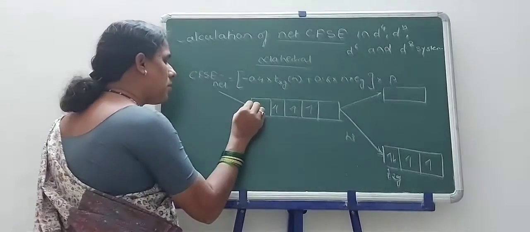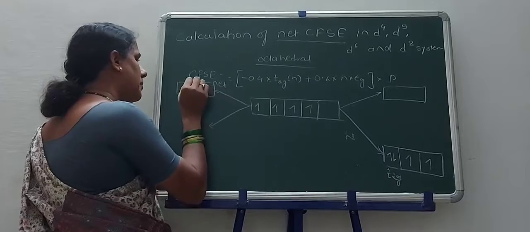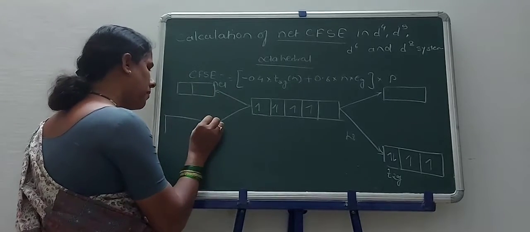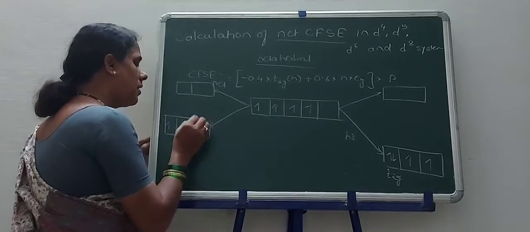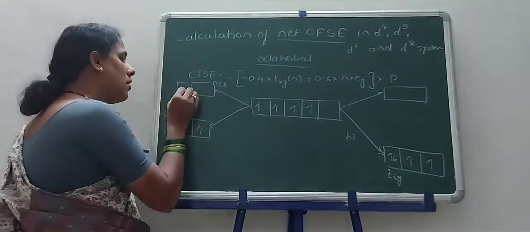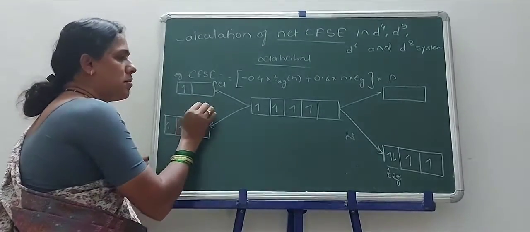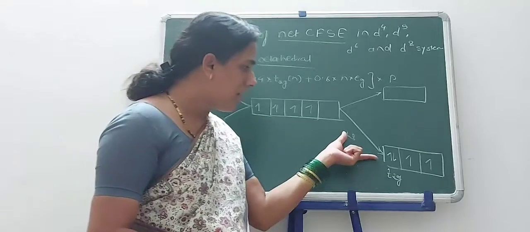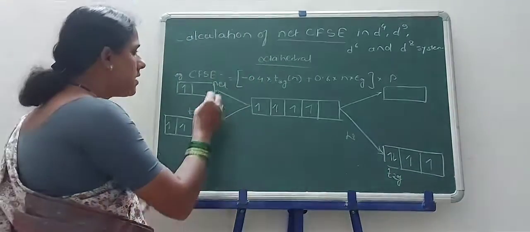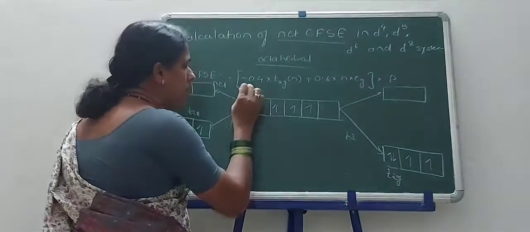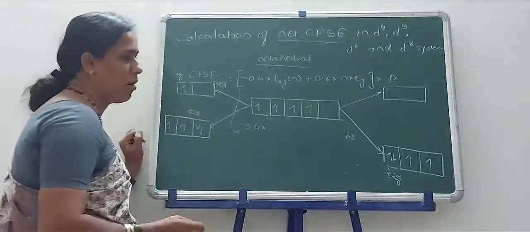And in a high spin complex, what happens? Due to the small energy gap, electrons 1, 2, 3 and the last electron can enter up to the fourth Eg level. So this is Eg, this is T2g. Therefore, we consider the pairing energy for the one electron pair. Net CFSE is equal to minus 0.4 into the number of T2g electrons. How many T2g electrons?